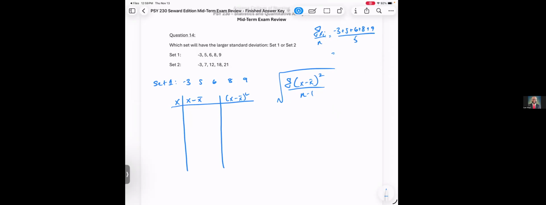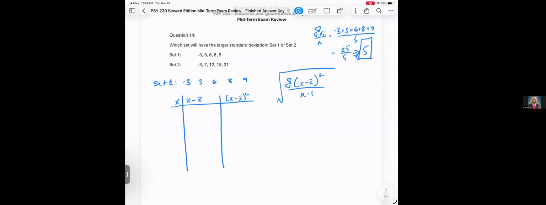You can pick up your handy dandy calculator. -3 plus 5 plus 6 plus 8 plus 9 is 25. And 25 over 5 is equal to 5. And this equal sign with the arrow means implies. So 25 divided by 5 implies that it's going to be equal to 5.